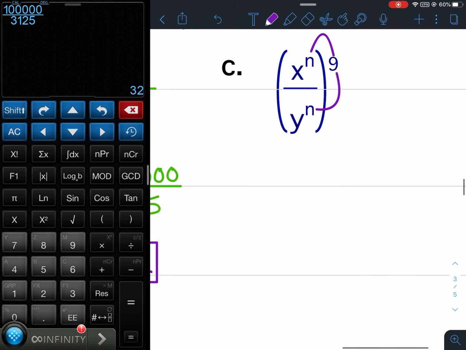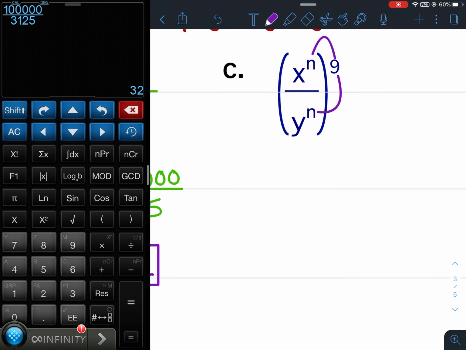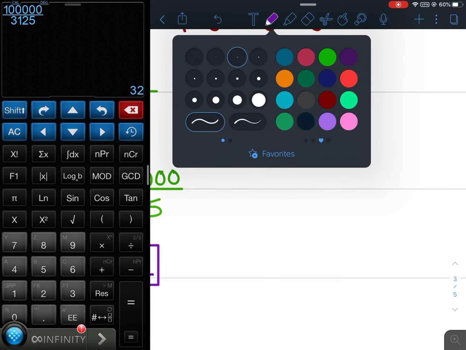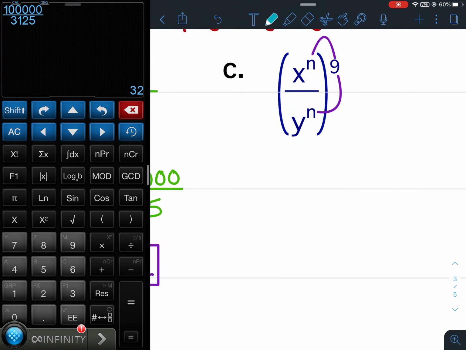So in the numerator, I'm going to have x to the 9 times n is 9n. And in the denominator, 9 times n would give me y to the 9n.